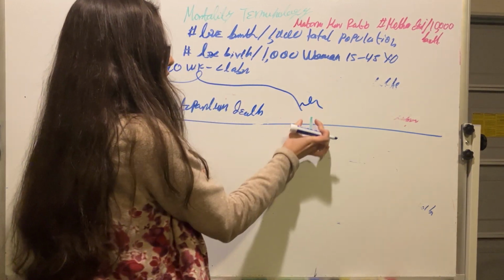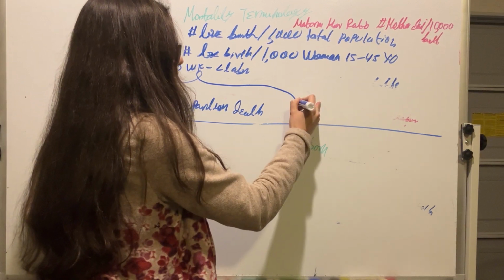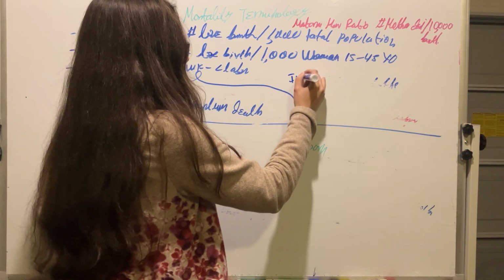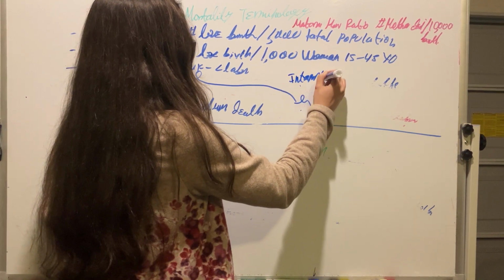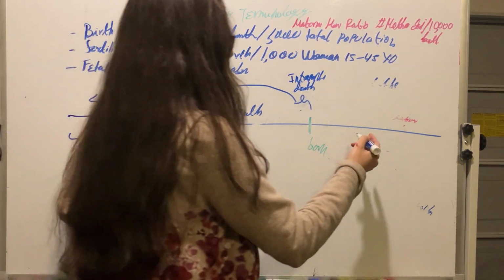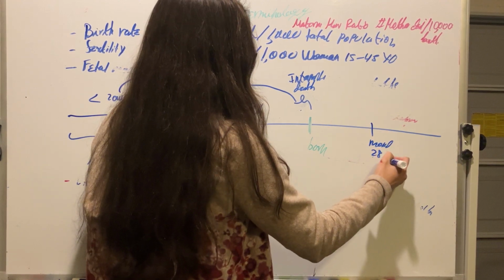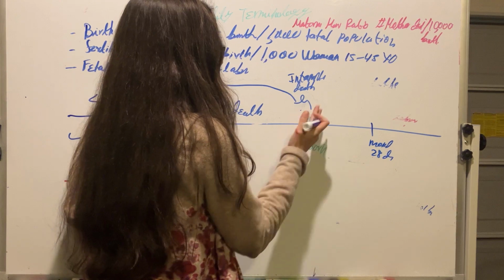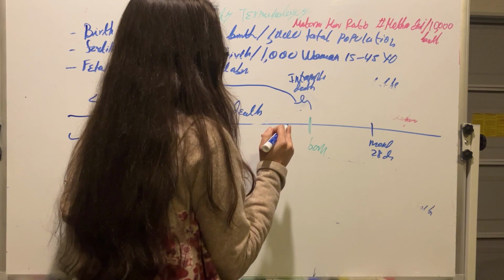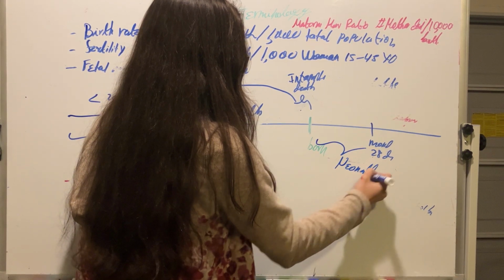Death during labor, this is intrapartum death, this is during labor. Up to 1 month, exactly 28 days. So when the baby is born up to 28 days, this is neonatal death.